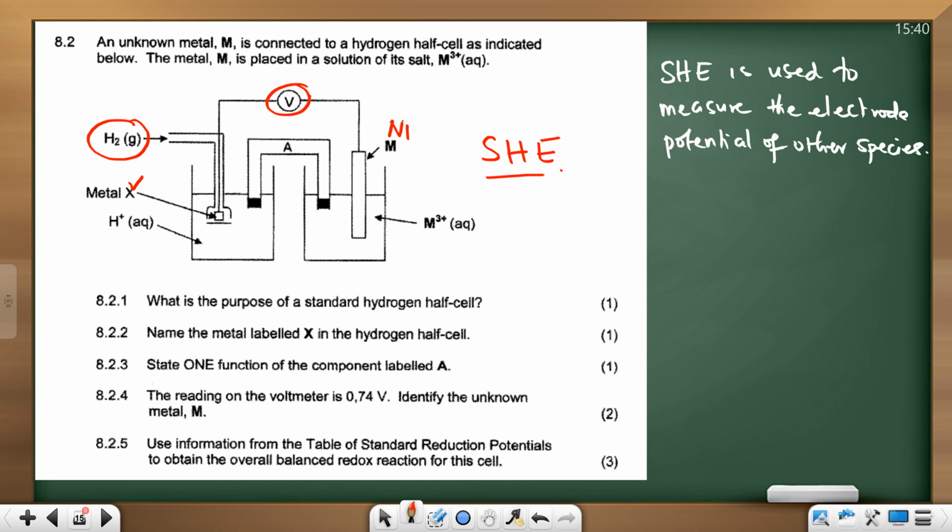What is that metal? Platinum. Lovely. State one function of the component labeled A.